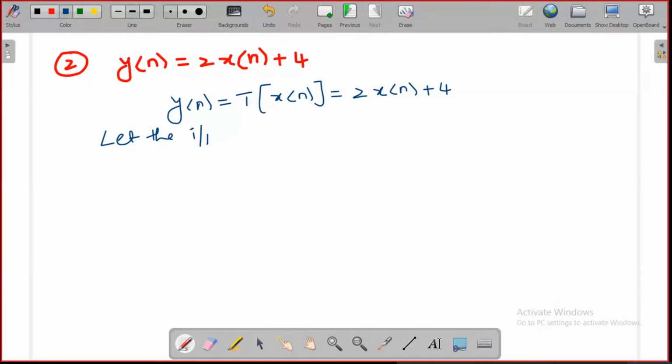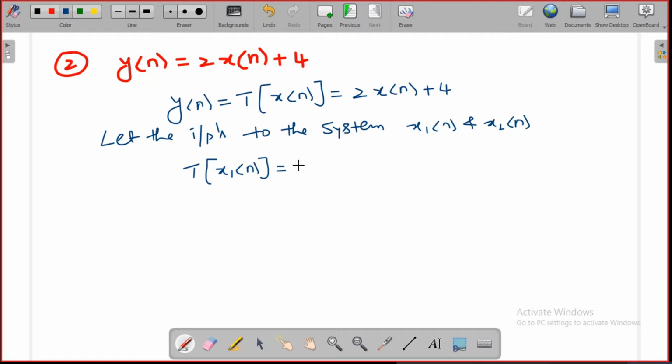Plot the inputs to the system, x1 of n and x2 of n. Now the response of the system for the input x1 of n is 2x1 of n plus 4.